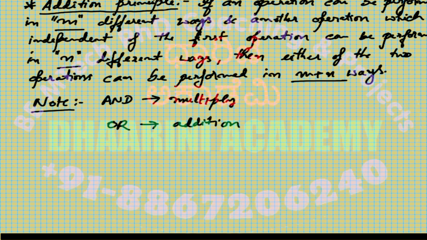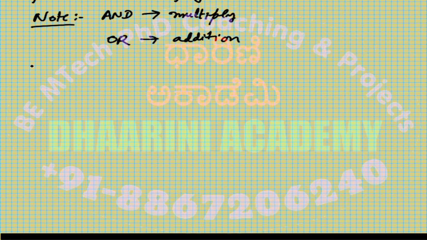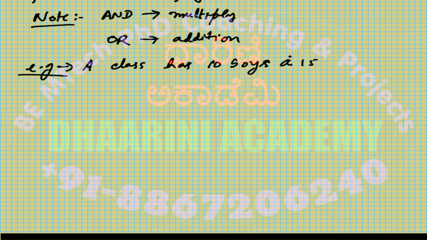Now let's go for an example here. A class has 10 boys and 15 girls.